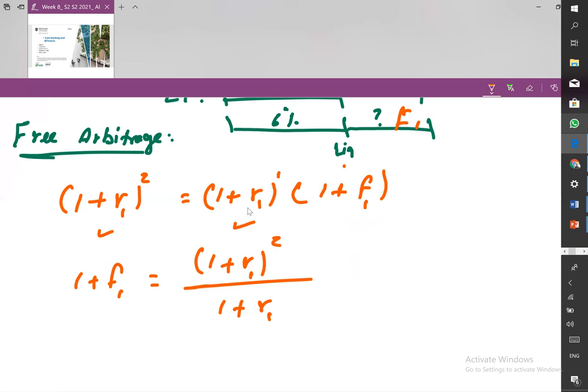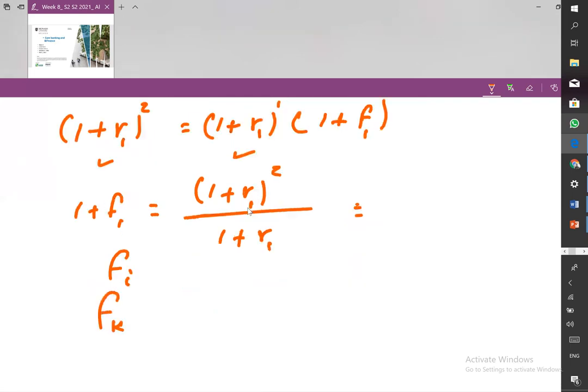Now I can make it for 2 years. I can make it for 3 years. I can calculate the forward for the I1, and I can calculate the forward also for the K. We have other names here, which is C and forward, but this is the whole concept.